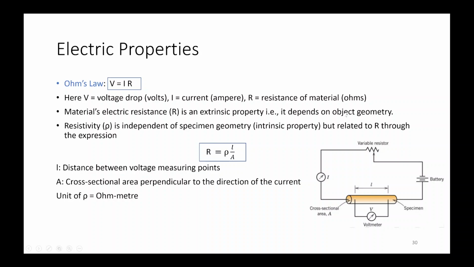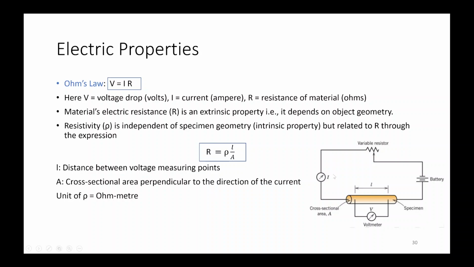For removing this dependency, we take resistivity, another constant which is independent of specimen geometry. So it is an intrinsic property, but it is related to R through the expression R equals rho times L upon A. L is the distance between voltage measuring points, and A is the cross sectional area perpendicular to the direction of current flowing. The unit of resistivity will be ohm meter.